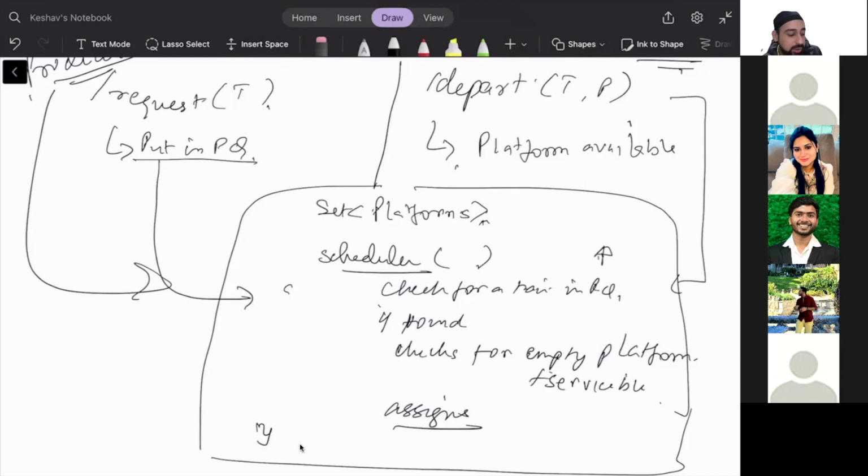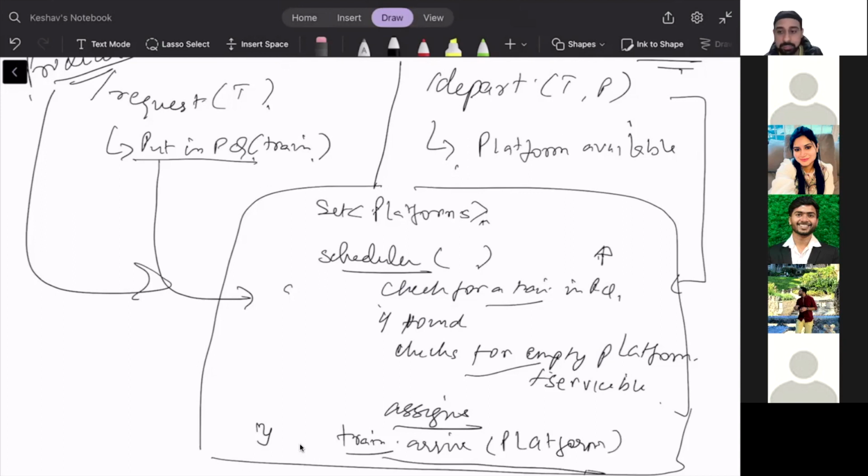Once you find a train in the queue, you check for an empty platform which is serviceable. Once you find that, you call the train's endpoint, because you have kept the train object in the priority queue, and say arrive at this particular platform.